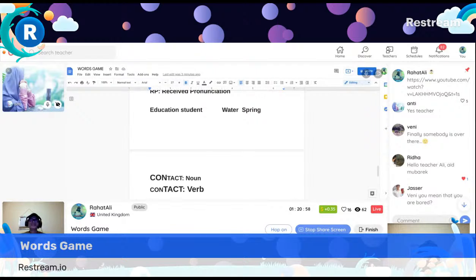That would be wrong. Similarly, if you would like to use it as a verb, then it should be contact, lower to up. Contact, look, it's going up. I'm showing with my hand as an explanation gesture so that it is easier. But when it's a noun, contact, upper to lower, rising to falling intonation.